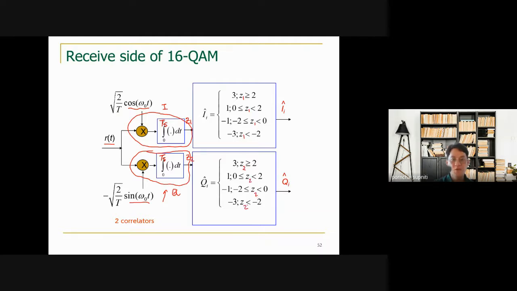This is, in essence, just the condition for 4 PAM.